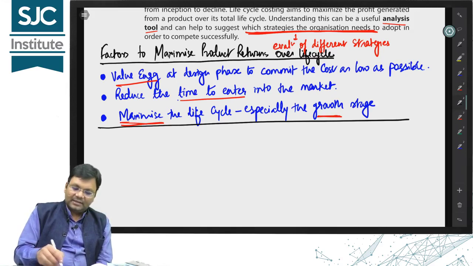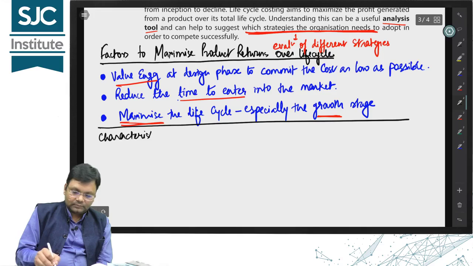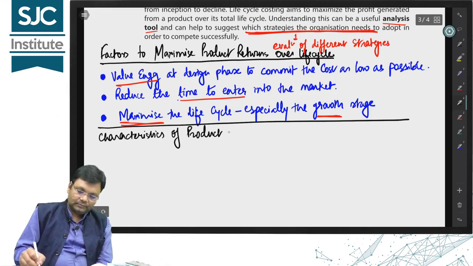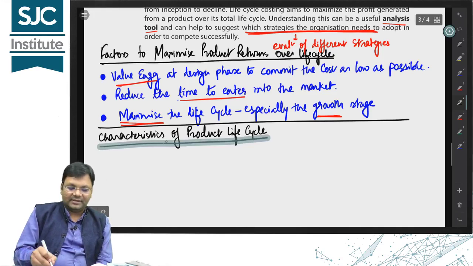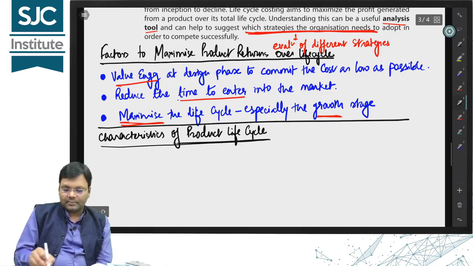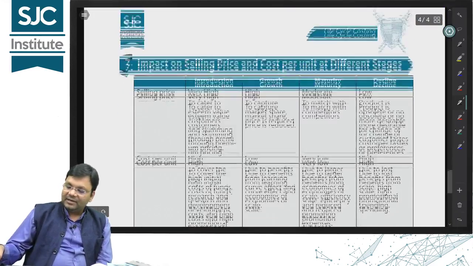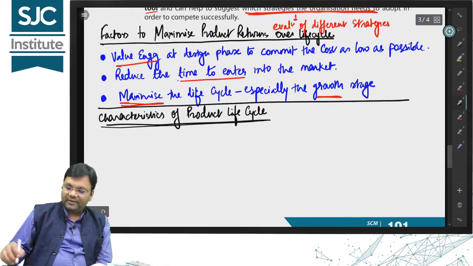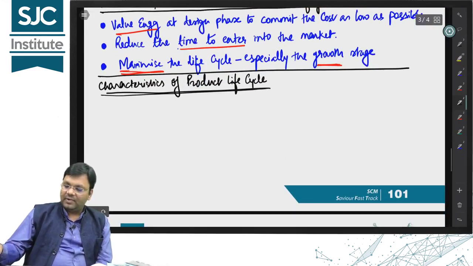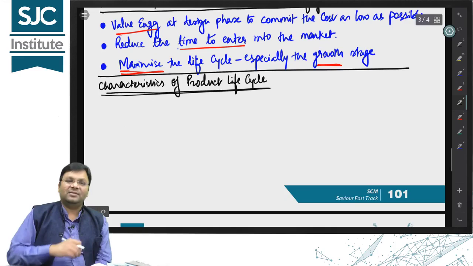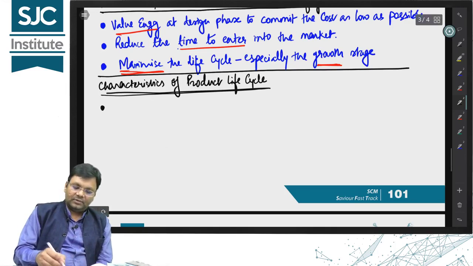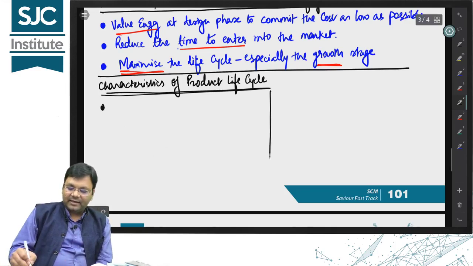Then there is another note, characteristics of product life cycle. Now you have studied benefits, now I am teaching you characteristics. Characteristics you have already seen with me for different stages, but what about the life cycle as a whole? So there are 6 points here, so we will write it in 2 columns.